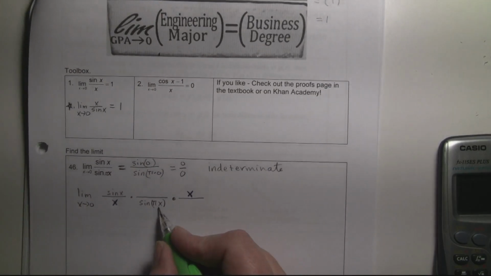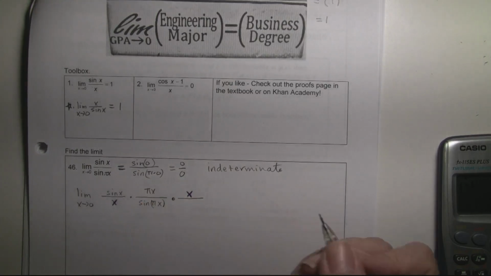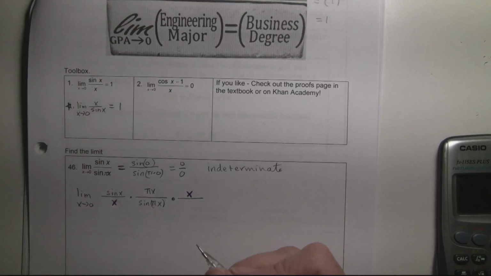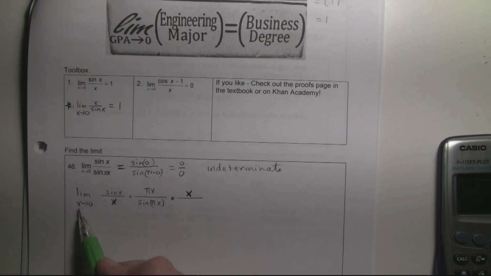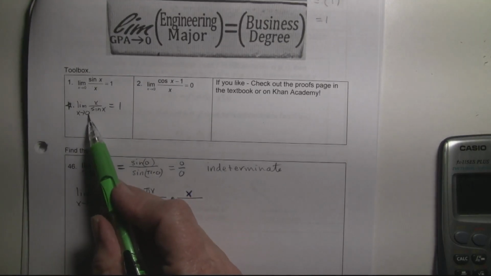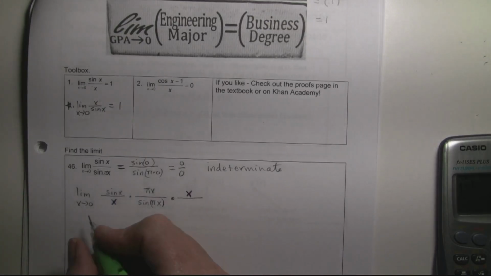So in my case, I have pi x. So if I put a pi x right here, then they will match one another. And the only thing I have to make sure of as well is that out here, this should also be pi x going to 0, because see how this is x goes to 0, and that's sine of x, and then x in the numerator. So it should also be pi x.